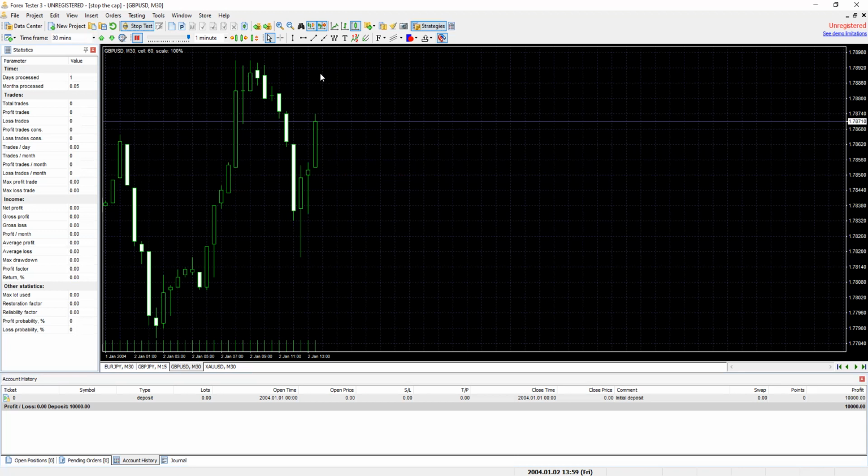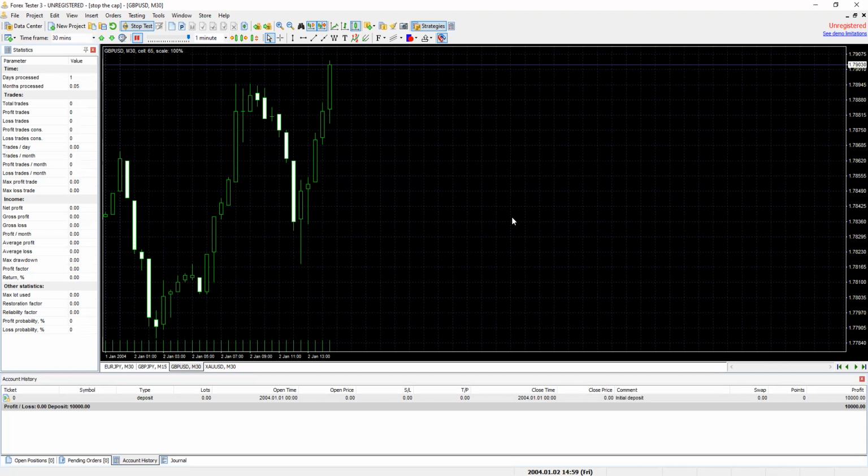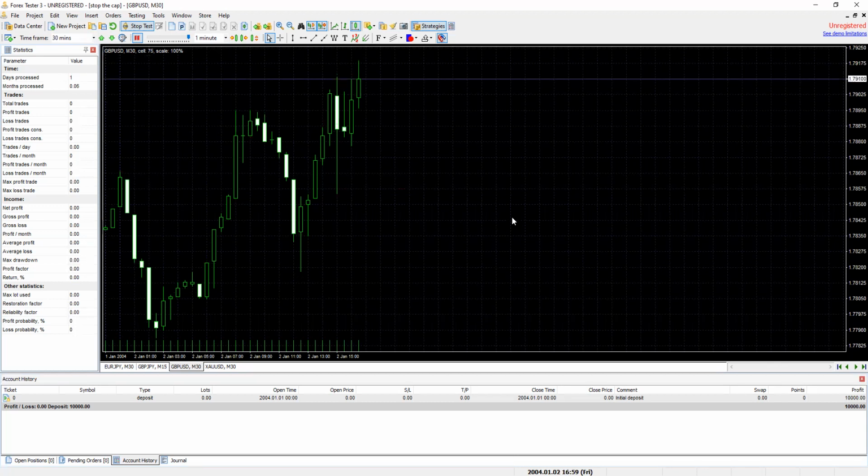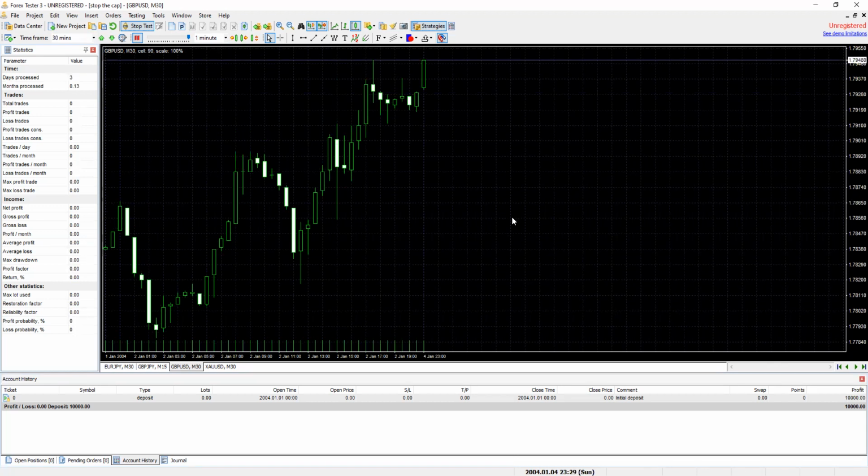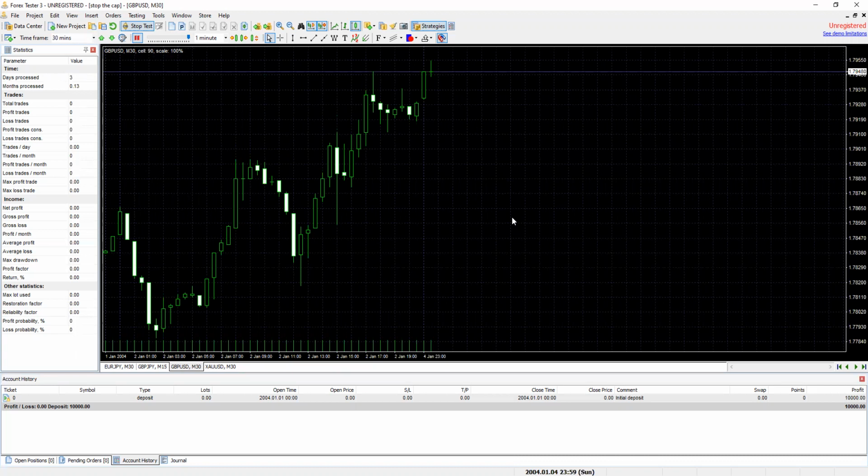I've paid for Forex Tester 4 and 5, but I like Forex Tester 3 because of its retro look, and also it being on the demo, it's easier for me to just load up a month, and after I'm done, I don't need to create another project again. Just go through it easily, not needing to store much data. Forex Tester is a very good backtesting platform. This is data from 2004, so it's very helpful.